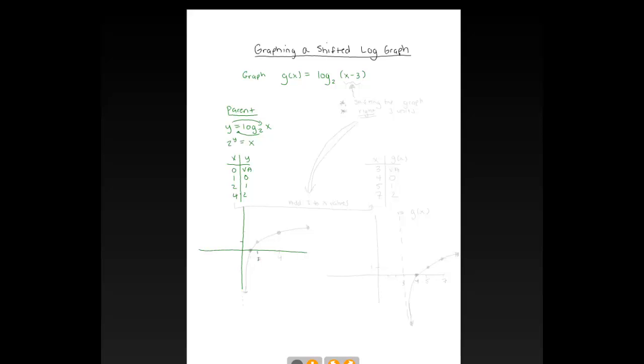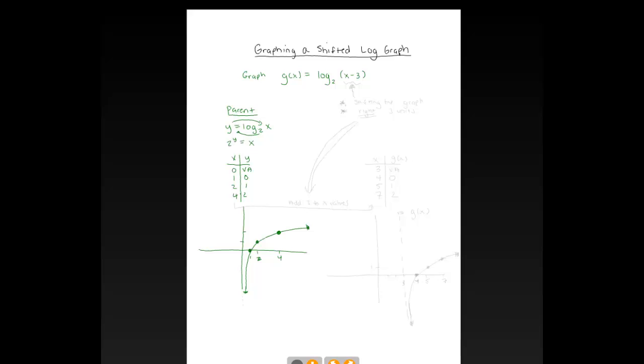And we had the points, I'm sorry, I made that a 2. It was 2, 1, 1, 0, and 4, 2. And our graph looked like this. I made the point that all log graphs have that basic shape. Those values 2 and 4 are going to change depending on your base, but there's your basic log graph.